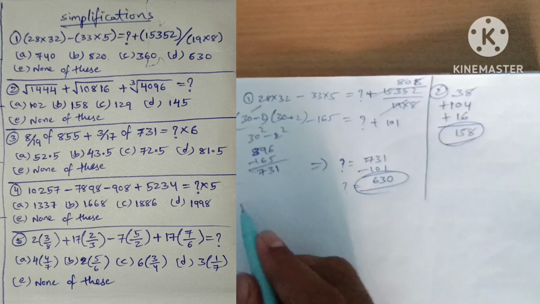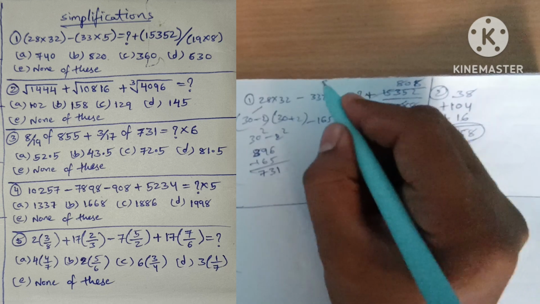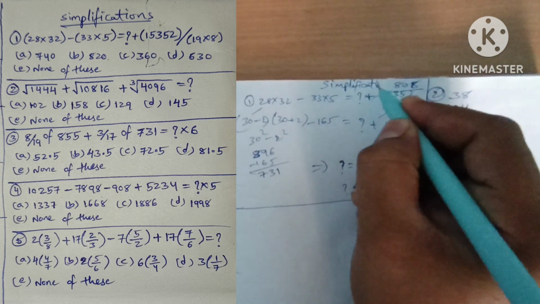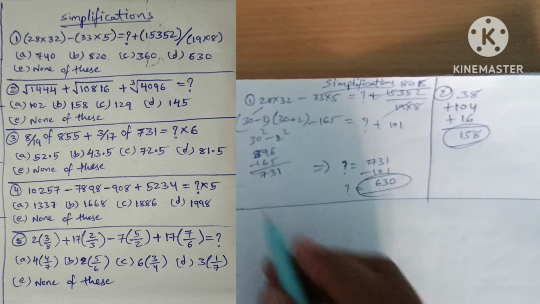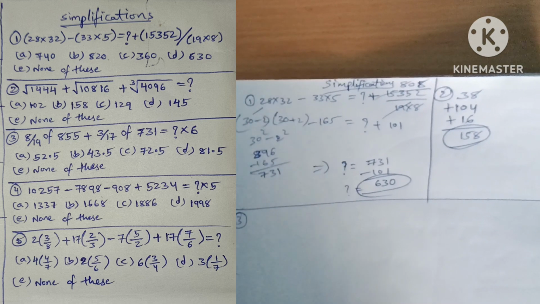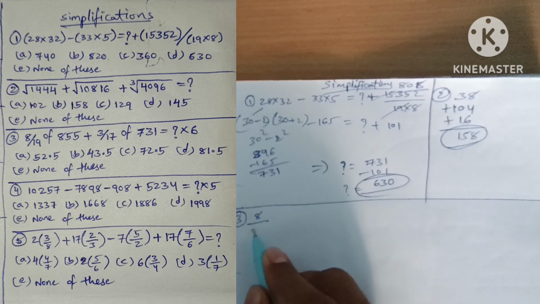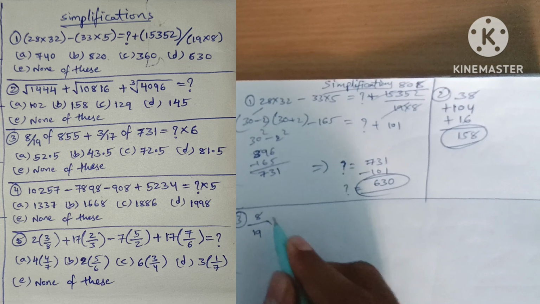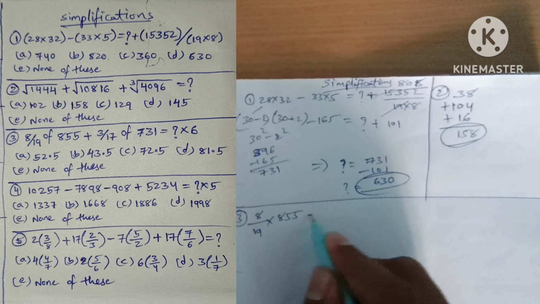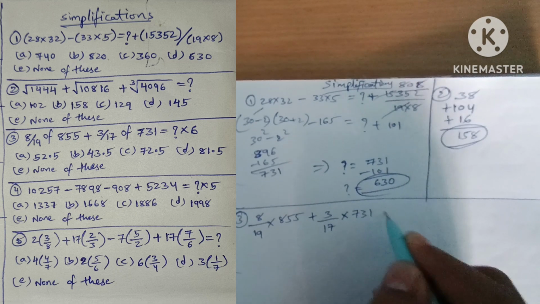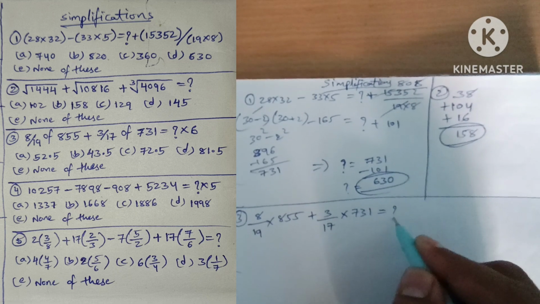Now we are going to do the third question. These are simplifications. Third question: 8 divided by 19 into 855 plus 3 by 17 into 731 equals question mark into 6.